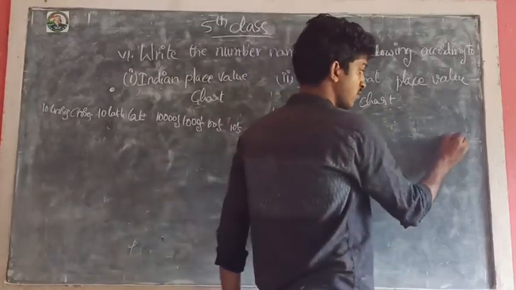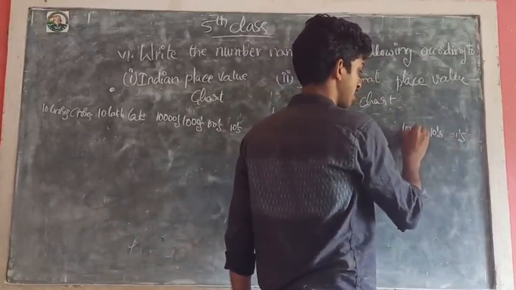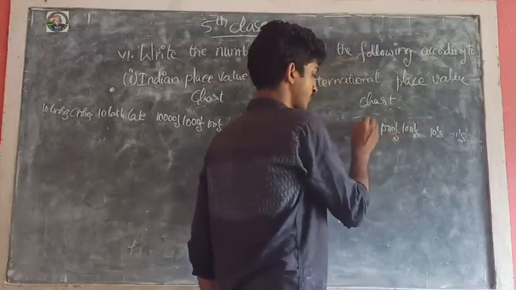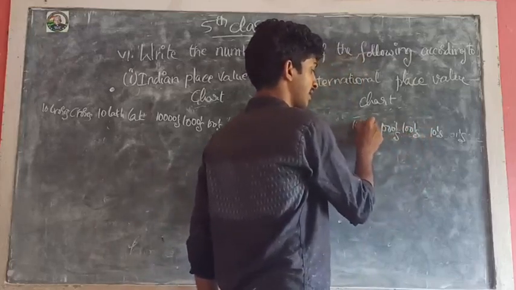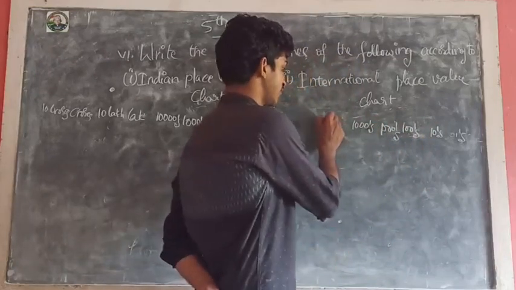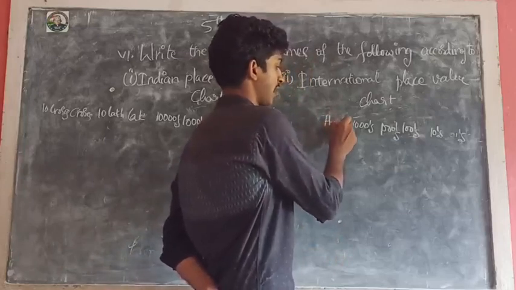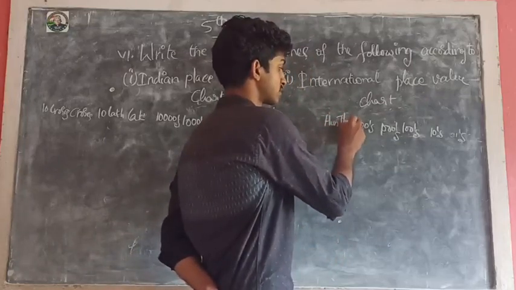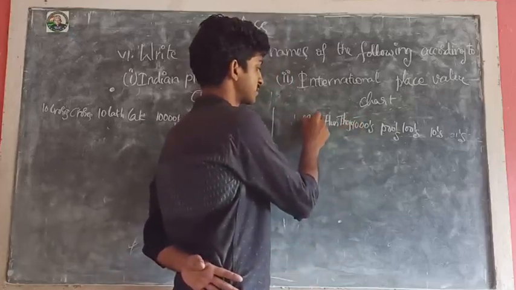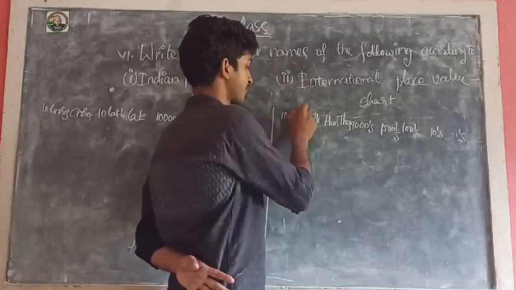Coming to the international place value system, the order is ones place, tens place, hundreds place, thousands place, 10,000s place. After 10,000s place, we have 100,000s place, millions place, 10 millions.